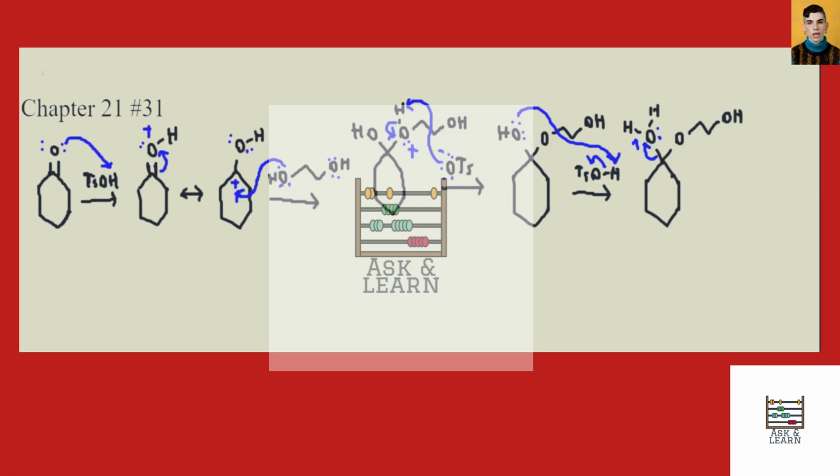And so now we're back to having a carbocation, ideally situated for attack by the other alcohol on the ethylene glycol. Let me erase this and draw it better. Okay, so we have our positive charge seated here again.